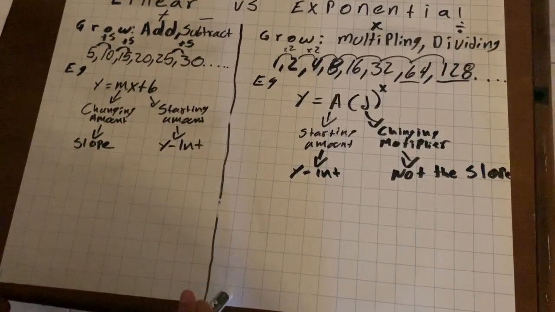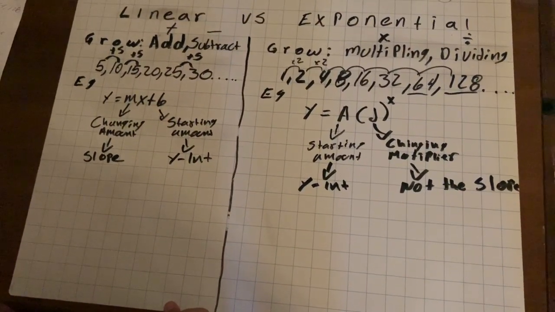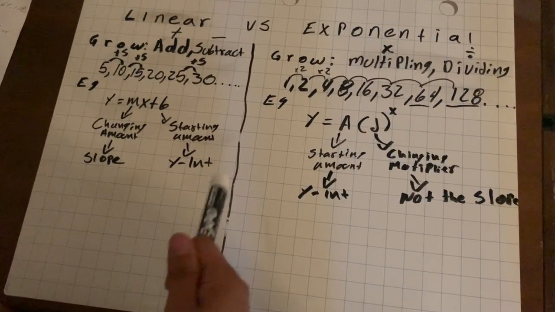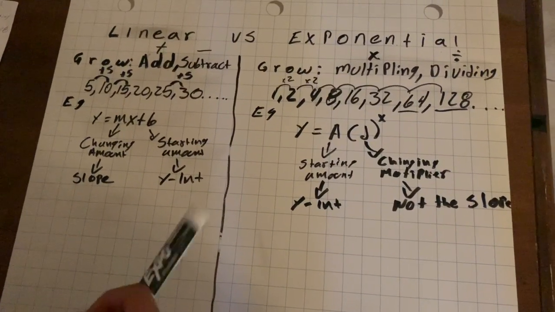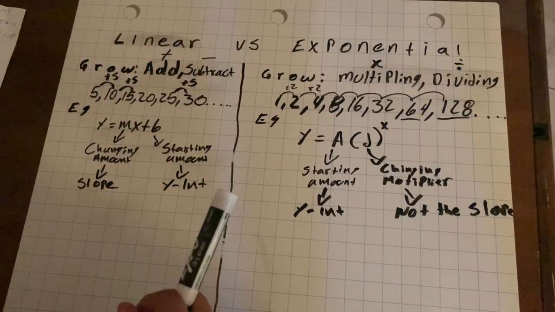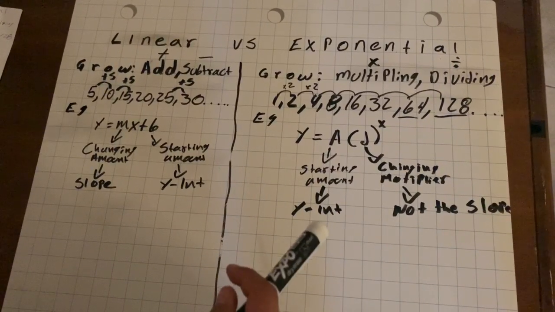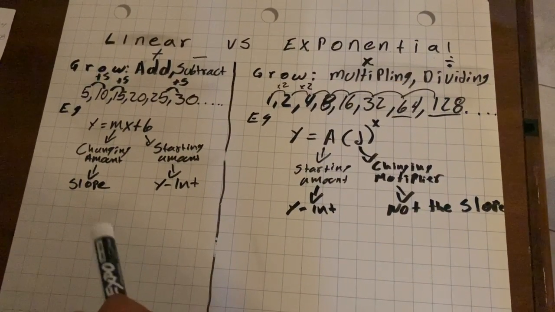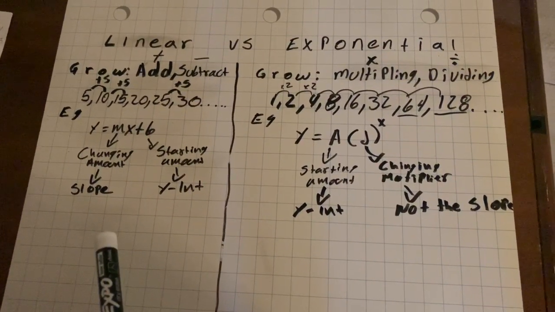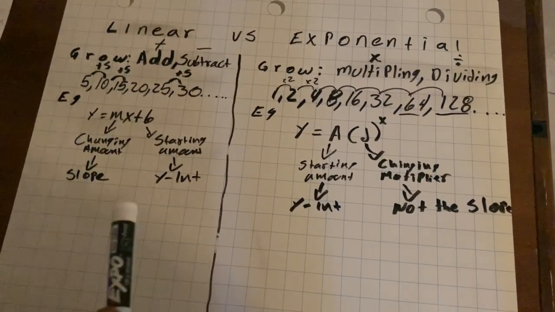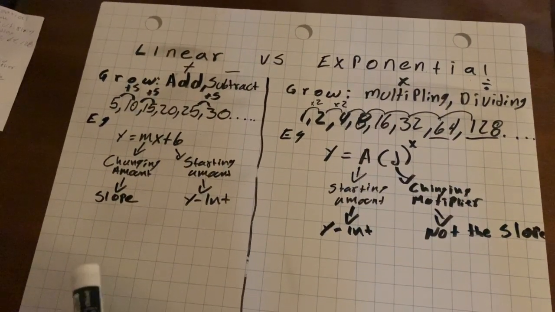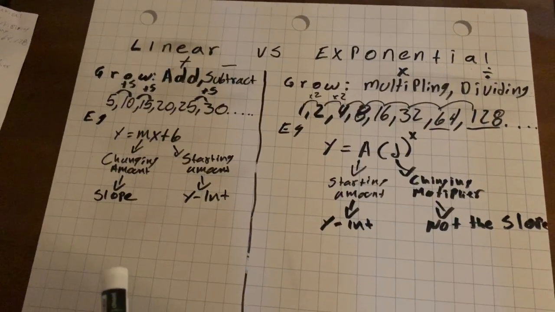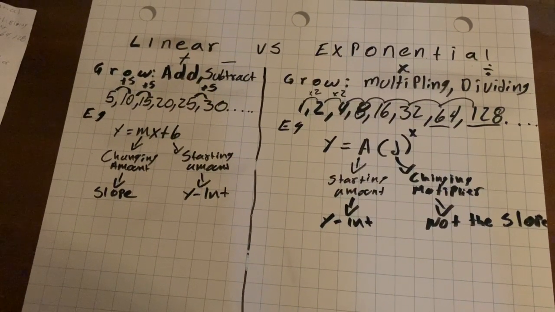The exponential, remember, is multiplying or dividing, and as you can see, it's multiplying by 2. Your equation will be a times b to the x as your exponent. Remember that a in exponential is your starting amount, also your y-intercept, and your b is your changing multiplier, but it's not your slope.